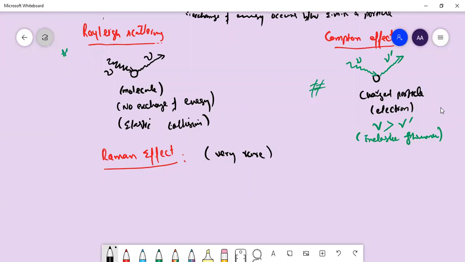Now let's see what we mean by the Raman effect. The Raman effect is a kind of Rayleigh scattering, but in the case of the Raman effect, the collision between the electromagnetic radiation and the molecule is inelastic. So the Raman effect is very rare. It's a kind of Rayleigh scattering, where the particle is a molecule.